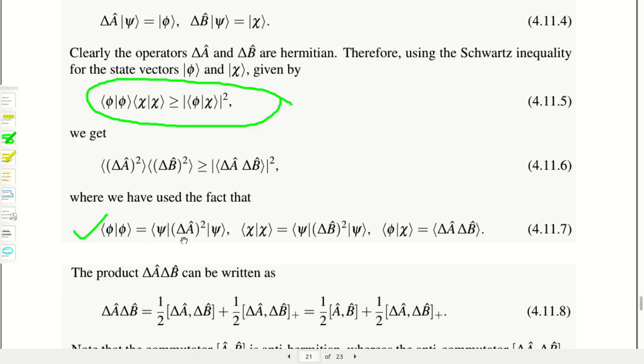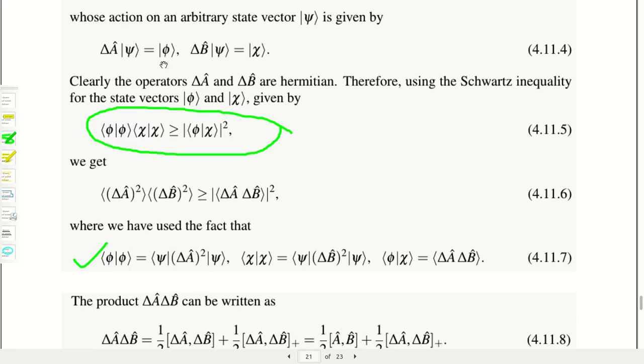Sandwich them, that is the inner product of phi phi, the length of phi, and it will surely be psi delta A square, as they are Hermitian. So delta A dagger into delta A means delta A into delta A, that is delta A square, and psi is in the ket. It is obtained from this relation, and similarly chi chi is obtained from this relation.